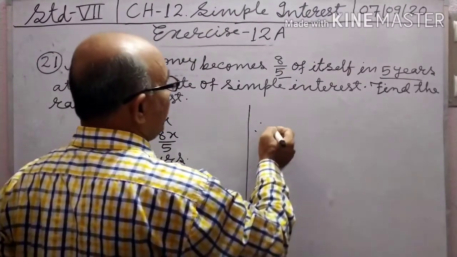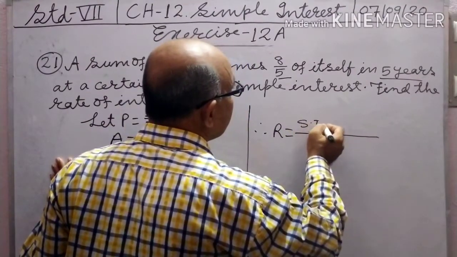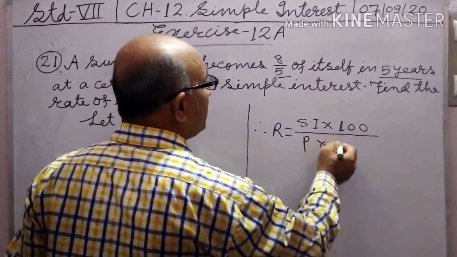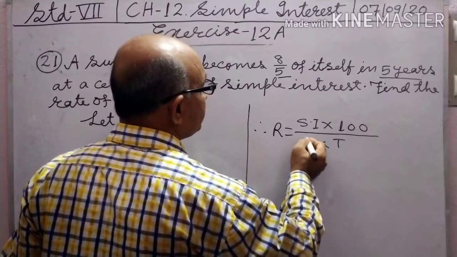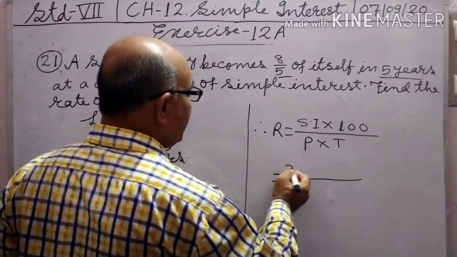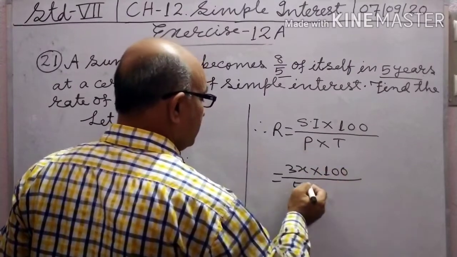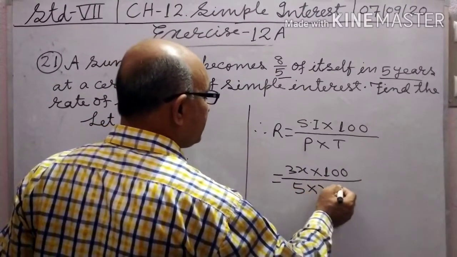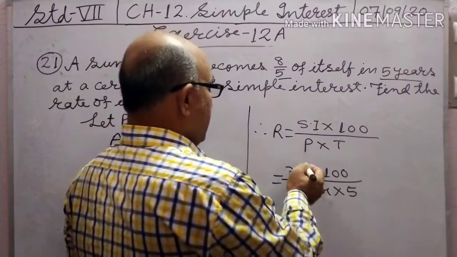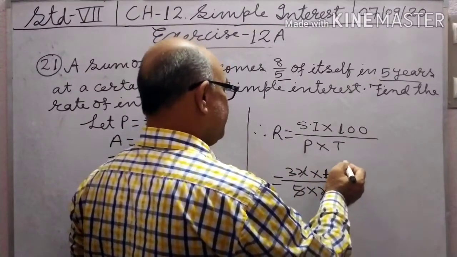Now find the rate. So R equal to SI into 100 by P into T equal to SI is 3x by 5 into 100 by P is x and T is 5. x to x cancel. 100 divided by 20 times.